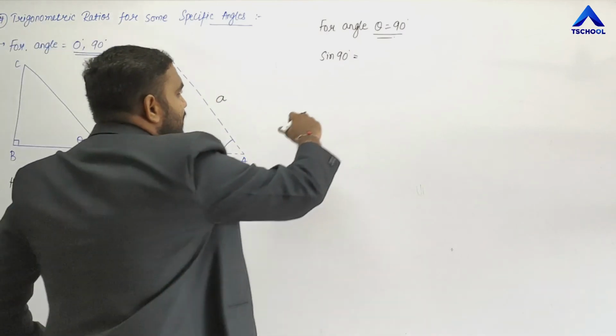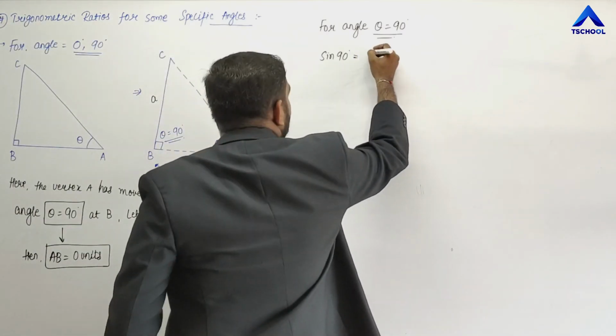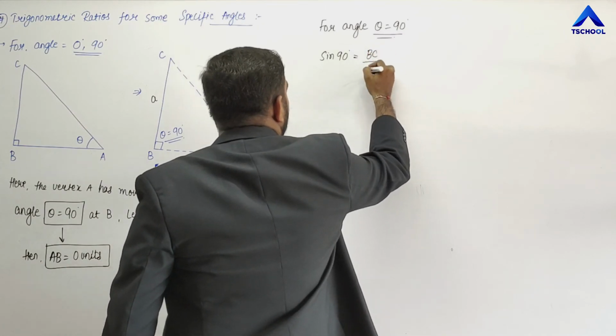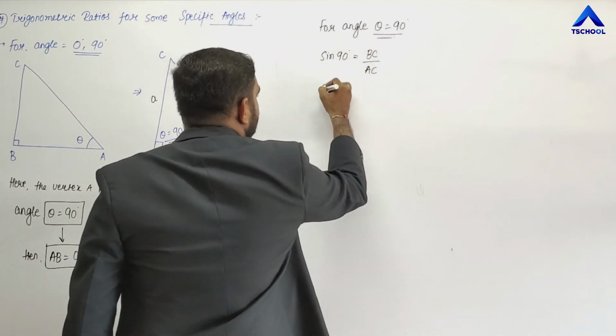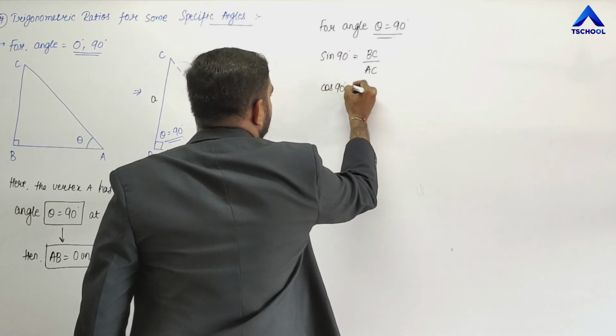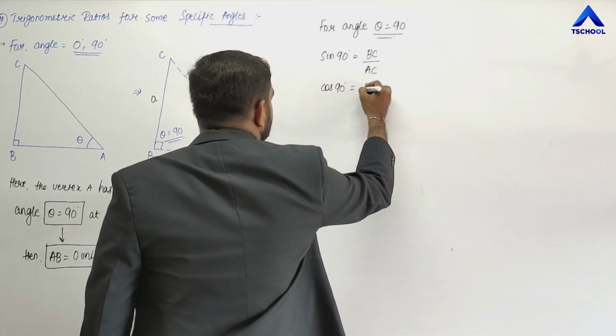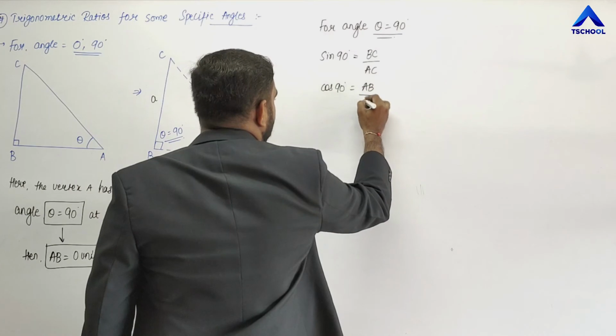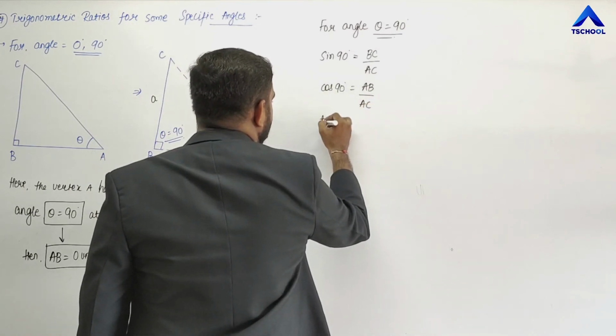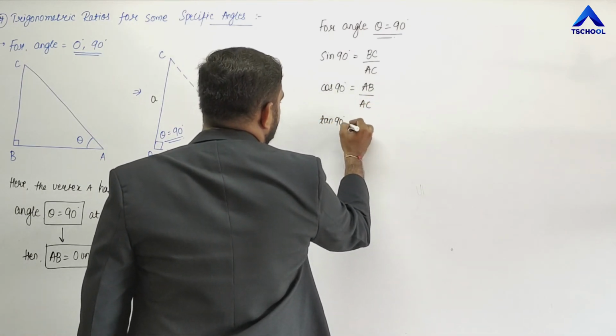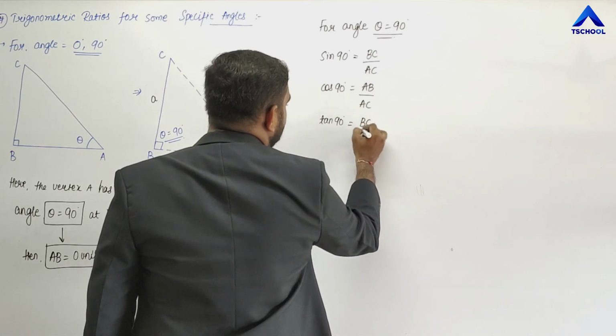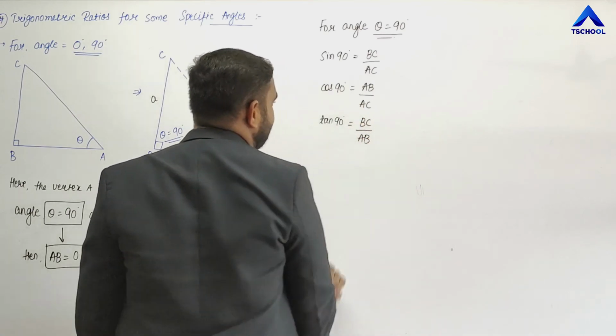So theta equals to 90 has sin 90, BC upon AC, cos 90 that is adjacent, AB upon AC, then tan 90 that is opposite upon adjacent.